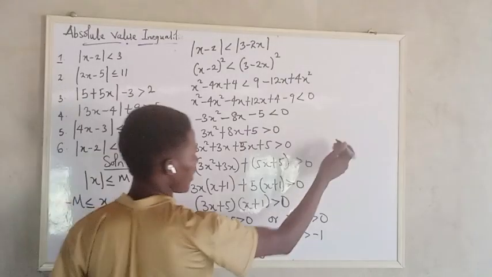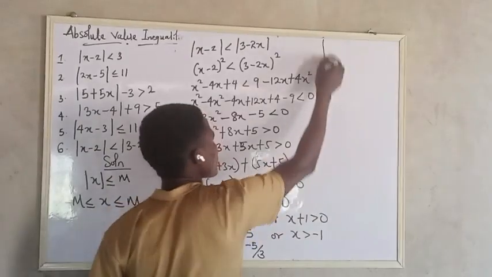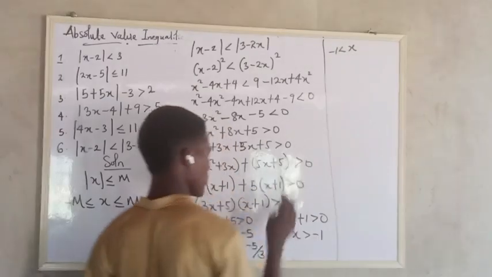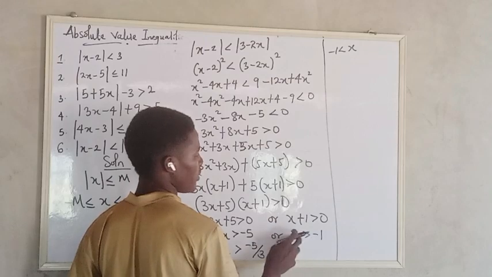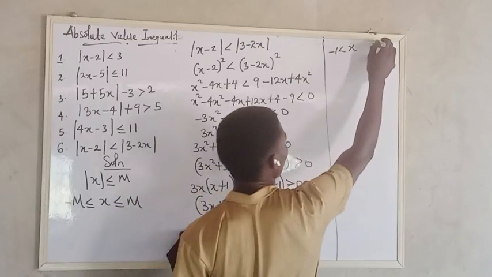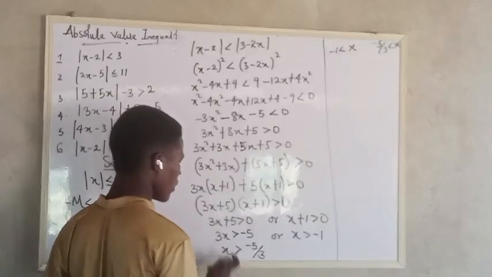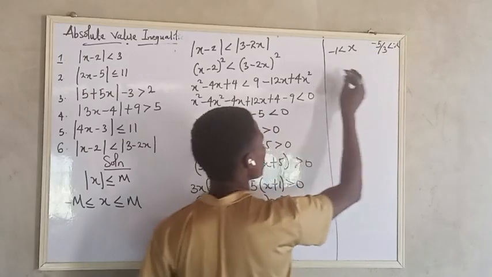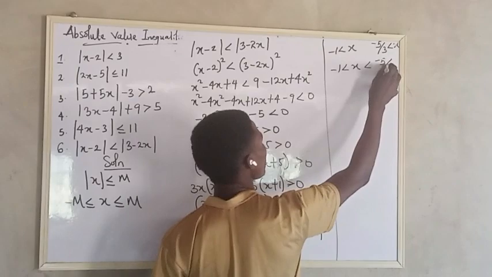If x is greater than minus 1, I can also express this as minus 1 less than x. Then here, minus 5 over 3 is less than x. Let me just leave it as greater. Alright, so my solution will now be minus 1 less than x less than minus 5 over 3.